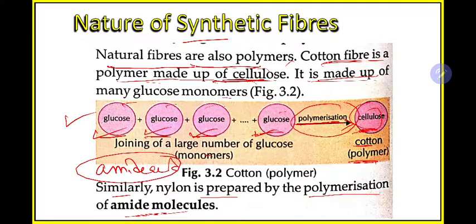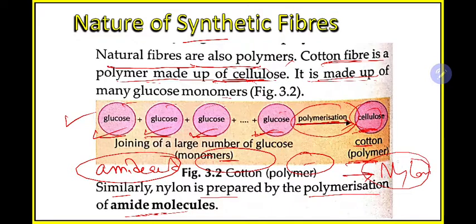It is one amide acid, then the next, then third, then fourth, then ultimately they will get nylon. Okay, a similar process, just in place of glucose, amide molecules will come. Polymerization will be the same. The final result will be, in place of cellulose or cotton, your nylon. Okay, so this is the overall idea of the nature of synthetic fibers.